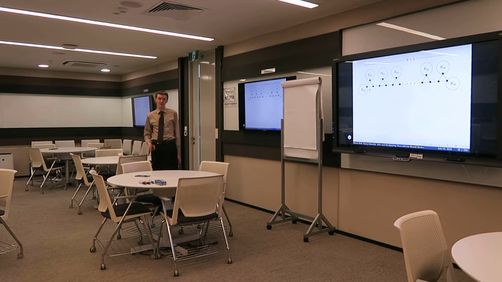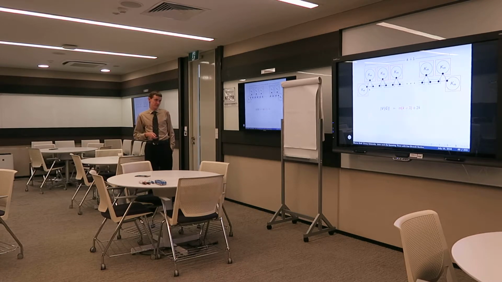Now, what about independent sets? First, let's count the total number of vertices in this graph. The red boxes each contain m vertices, and there are k plus 3 of them. The blue boxes each contain 2 vertices, and there are k of them. So the total order of this graph is the expression that you see there.